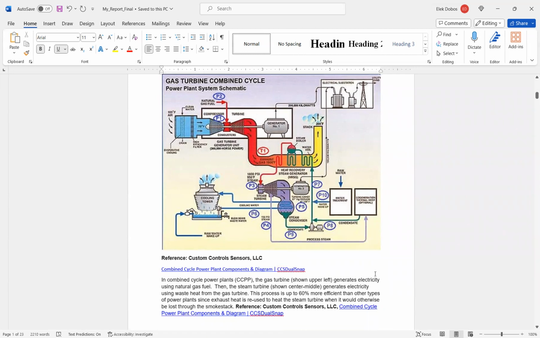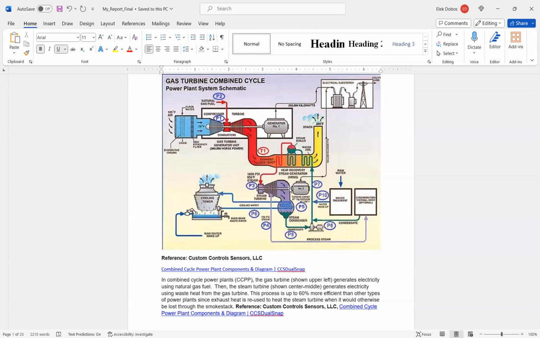In combined cycle power plants, the gas turbine shown in the upper left here, in the blue, generates electricity using natural gas fuel. Subsequently, the steam turbine shown in the middle generates electricity using waste heat from the gas turbine.